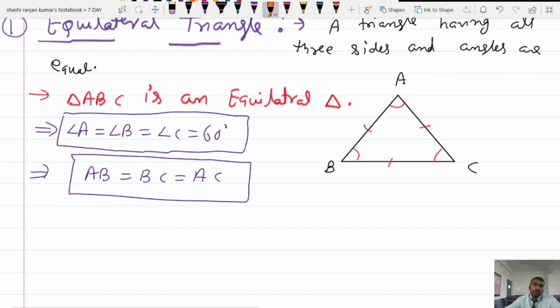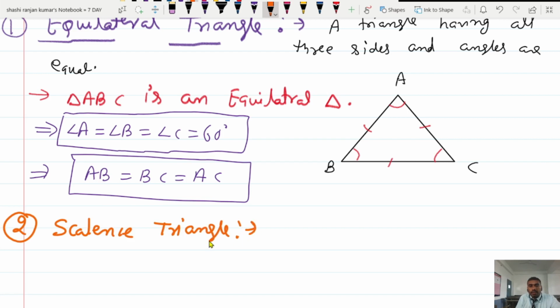Second, let us discuss the scalene triangle. Or before that, let us first discuss the isosceles triangle, then you can connect more.